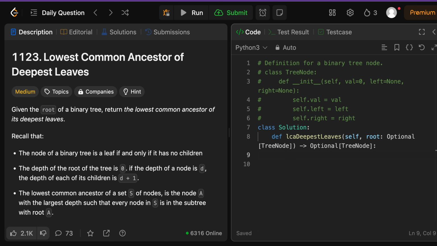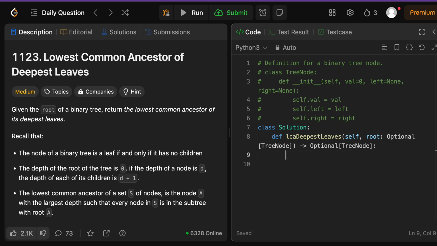Now, to compare those depths to find our lowest common ancestor: if the left and right subtrees have the same depth, then the current node we're visiting is going to be the lowest common ancestor of the deepest leaves in the binary tree.